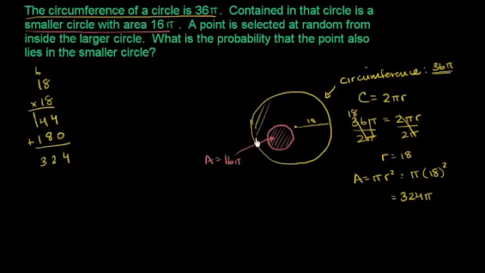So the area of the entire larger circle, the part that I've shaded in yellow, including what's under this orange circle, if you want to view it that way, is equal to 324 pi. So the probability that a point that we select from this larger circle is also in the smaller circle is really just the percentage of the larger circle that is the smaller circle.